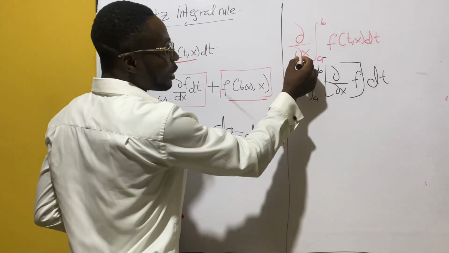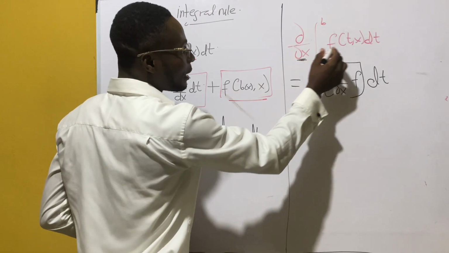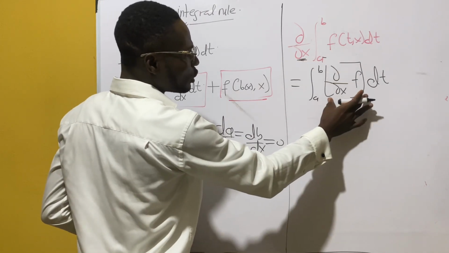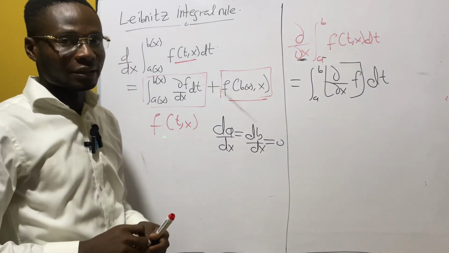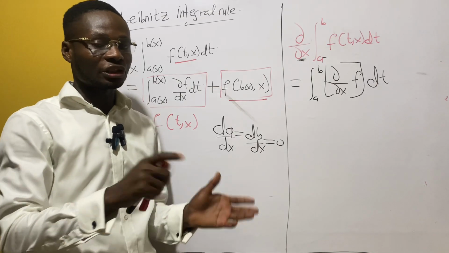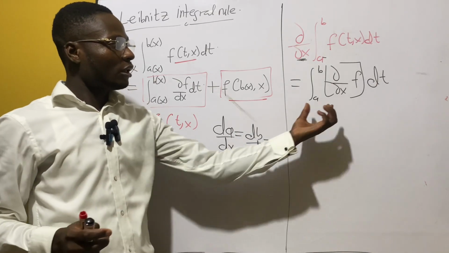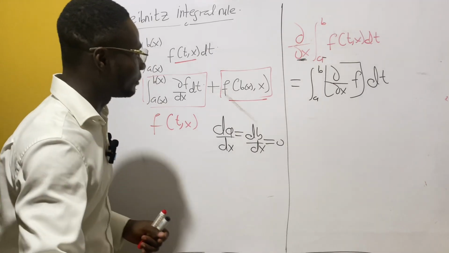You see, I was having the partial over here, but I swapped it, sent it to this side and brought it inside the integral. So that is what I mean. You can swap the order of the differentiation and integration in this instance.